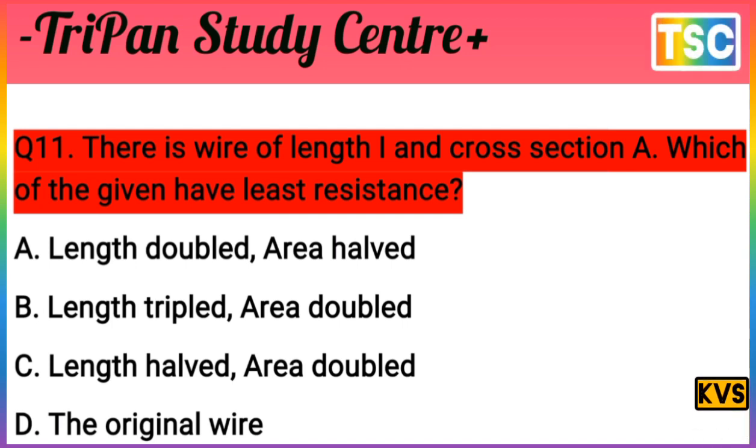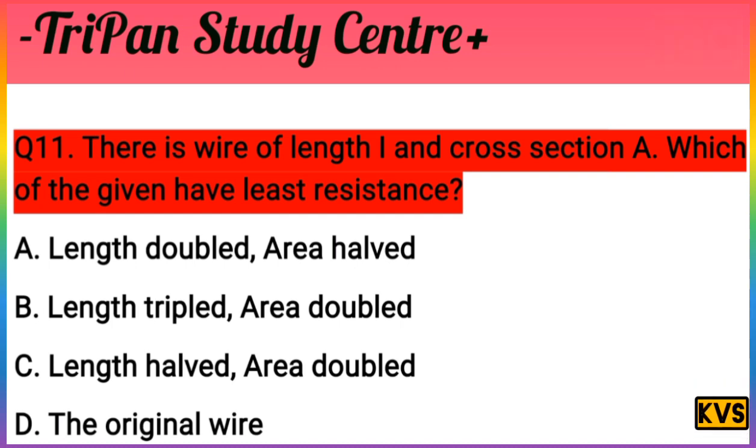The options: A, length is doubled, area is halved; B, length is tripled, area is doubled; C, length is halved and area is doubled; D, the original wire. The question is clear here.